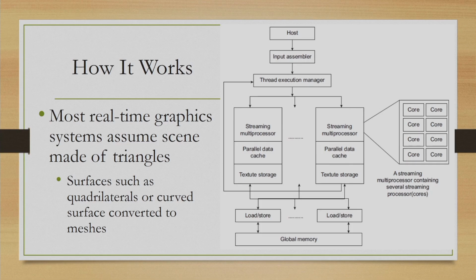First thing we should note is that most real time graphic systems assume that scene is made of triangles. So, we actually convert any surface into triangles or triangular meshes. This point we have already discussed earlier when we were talking about object representation.